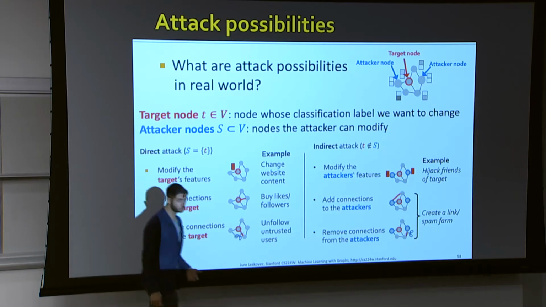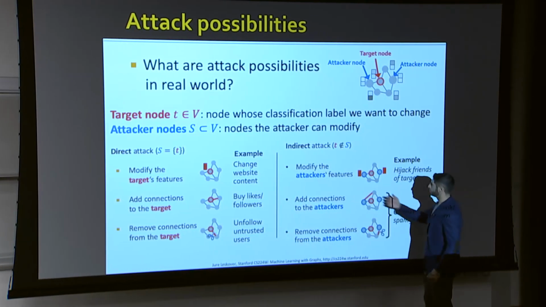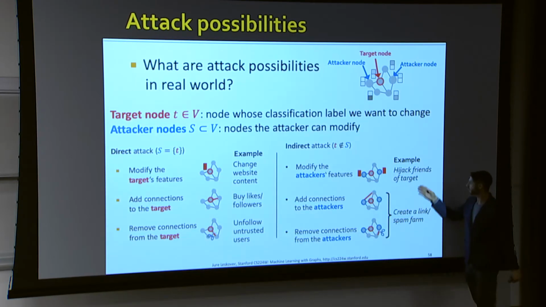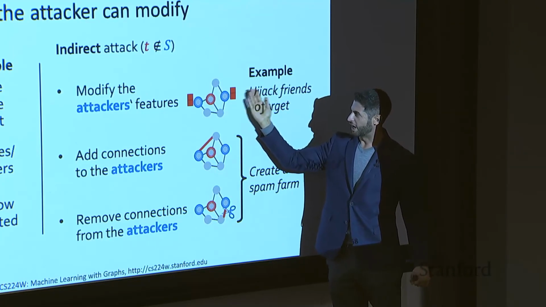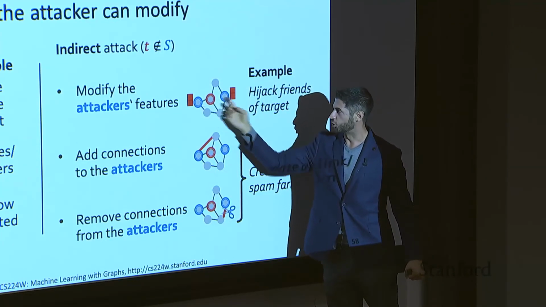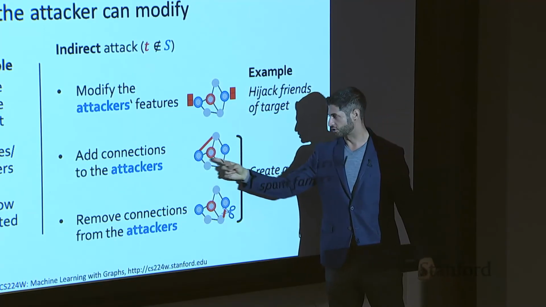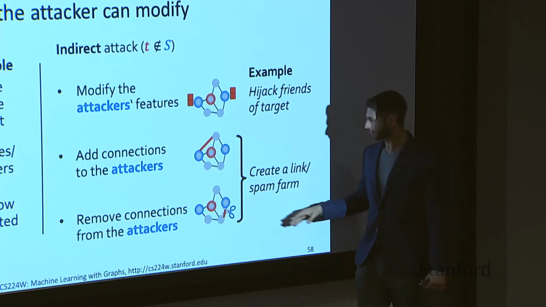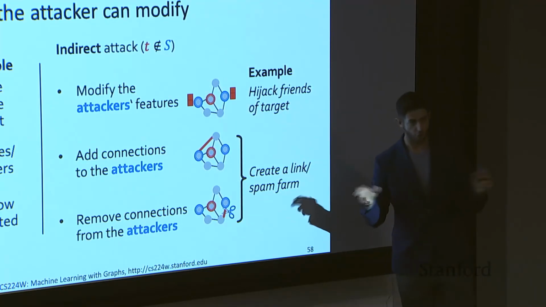And the indirect ones instead are coming from our attacker nodes. For example, we can try to change the attacker's features, or we actually follow our target node and then change our own features. Similarly, we can add connections to the attacker by creating a link or a spam farm. So these are basically the different knobs that we can tune.